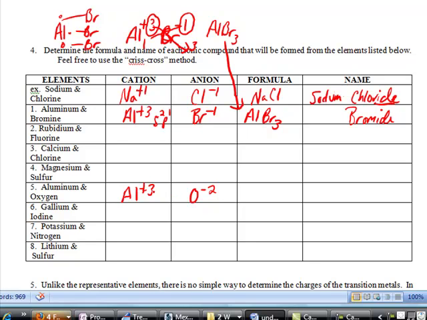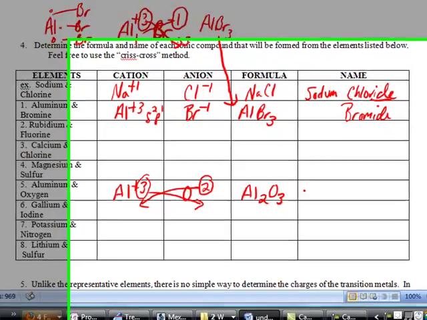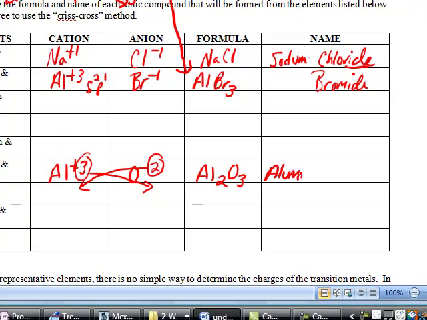Now, if you just use the crisscross method, it's very easy. Take the 3, put it down here, take the 2, put it down here, and you end up with Al2O3, aluminum oxide. So the crisscross method comes in handy.